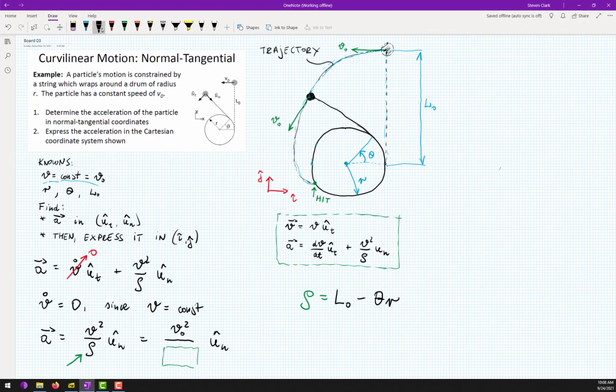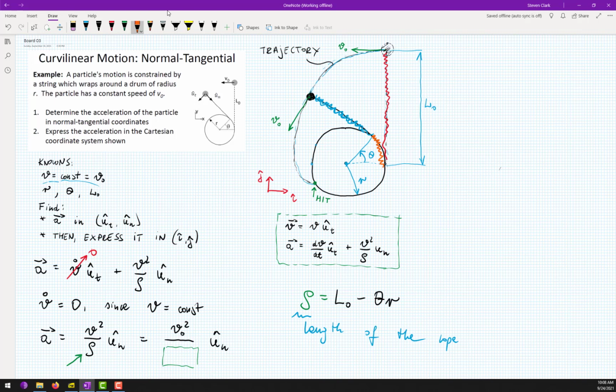So what Kyle said is that rho, this value, is exactly this thing. This is the length of the rope. And he was right, because at the very beginning we have L0, and then we have that blue thing plus that orange thing, that arc.